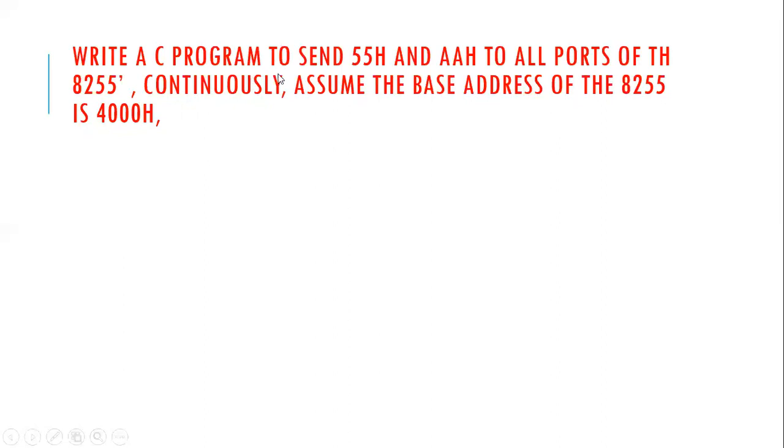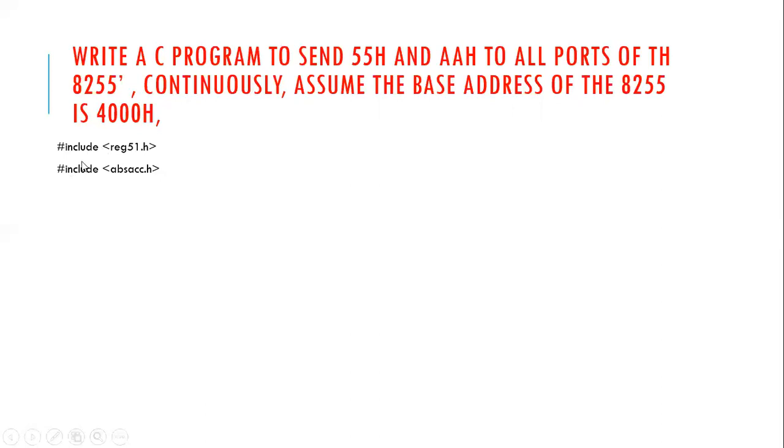Okay, so now let's see how to do it. We'll write hash include reg51.h. Here we are going to use one important construct, so for that reason one more header file is going to be used: hash include absacc.h.